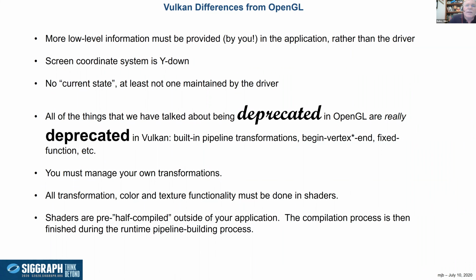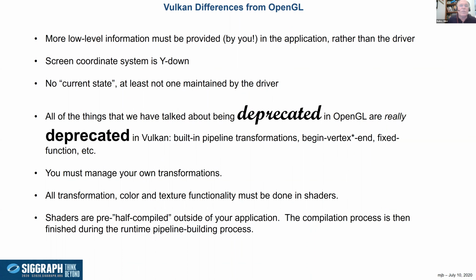All right, here are some of the big things you need to know. In Vulkan, more low-level information must be provided by you rather than the driver. One of the maybe secret goals in Vulkan was to try and simplify drivers. Well, they simplify them by putting some of the burden onto you.